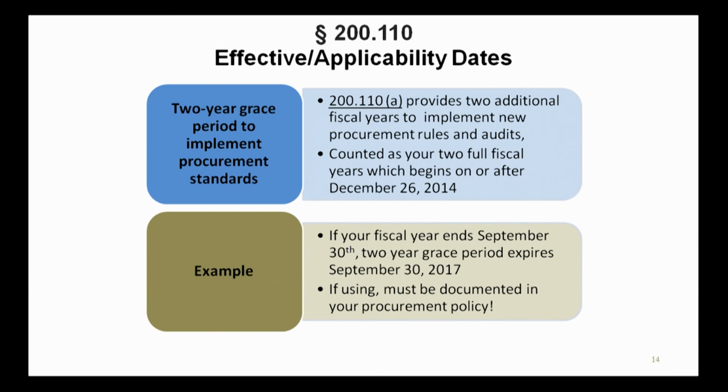And then there is actually 2 years to implement the changes for procurement, again, based on your fiscal year. So if your fiscal year begins on September 30th or ends on September 30th, for example, the 2-year grace period would end on September 30th, 2017.